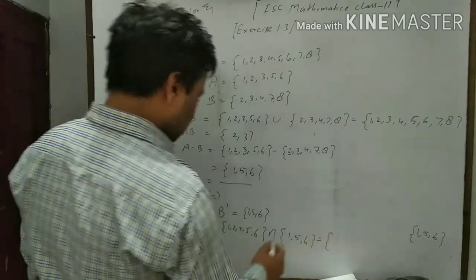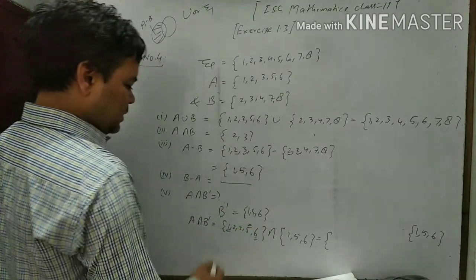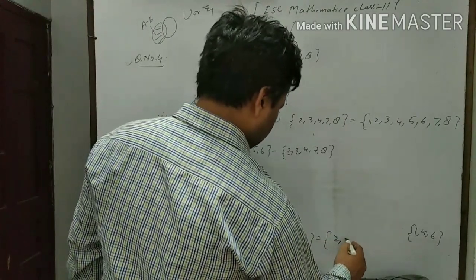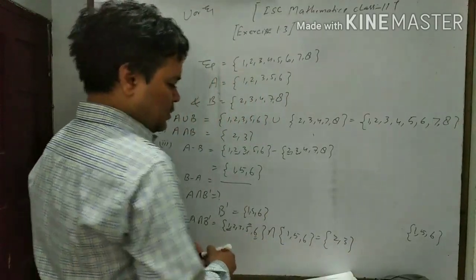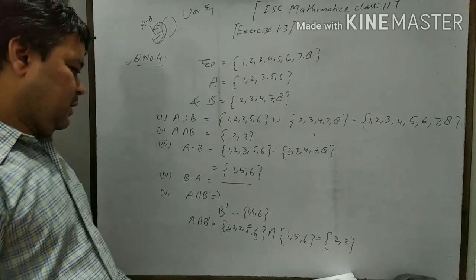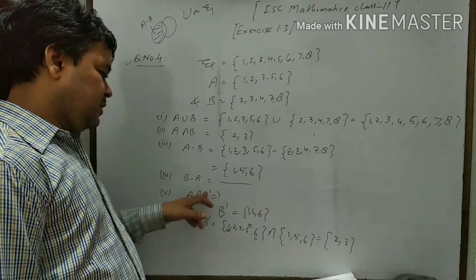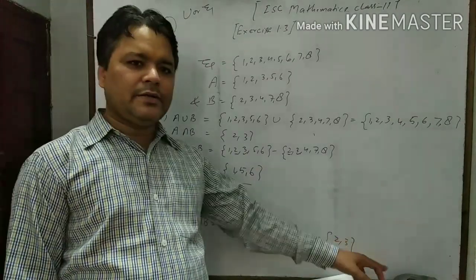Then its value will be 1, 5, 6. Here 1, here 5, and here 6. That leaves 2 and 3. In this way, the answer of set A intersection complement of set B is 2 and 3.